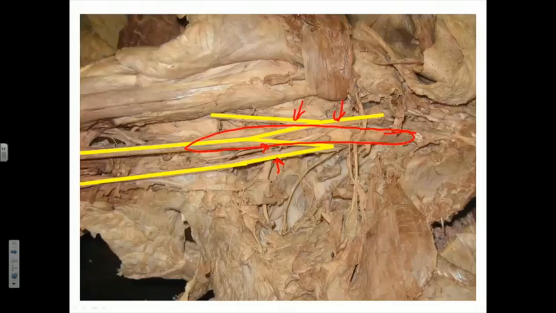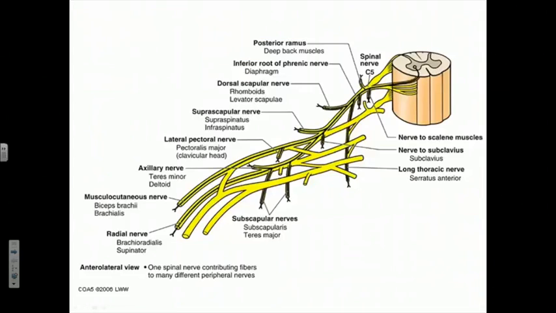So let's look in summary at what actually is happening. Here is just another way of explaining the brachial plexus. For example, you can see in this particular section that an individual spinal nerve, let's say C5, through the intermingling is providing its muscular branches into various nerves of the brachial plexus.